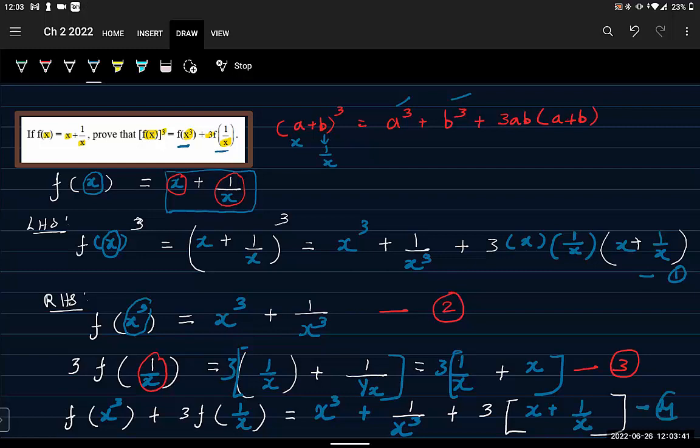Let this be equation 4. Obviously we can say equation 1 and 4, all the terms are equal. LHS is equal to RHS. So we have proved this.